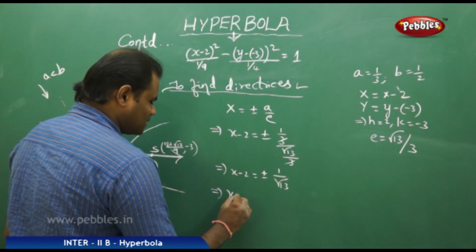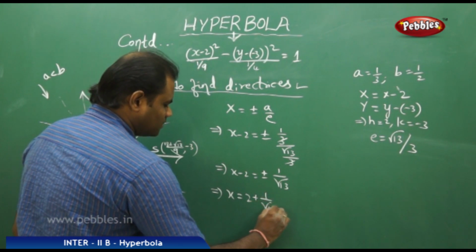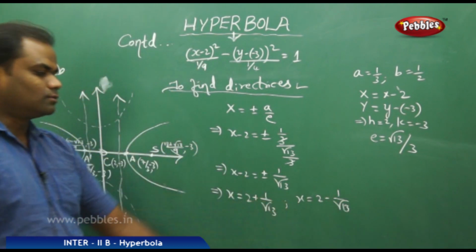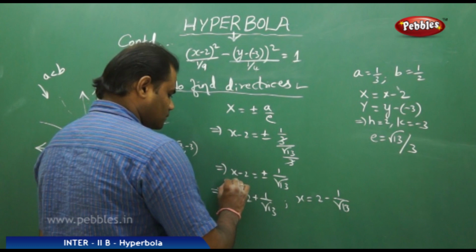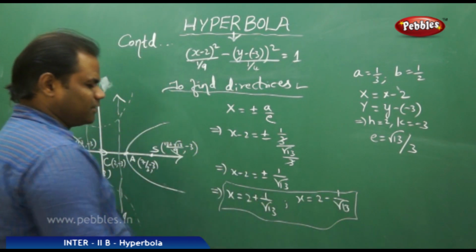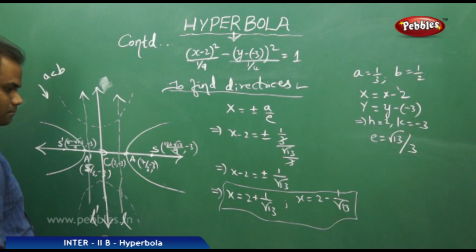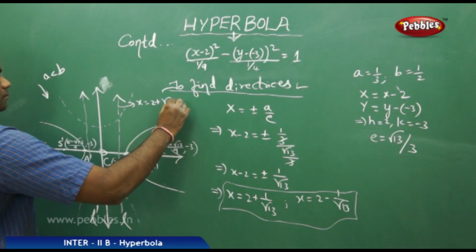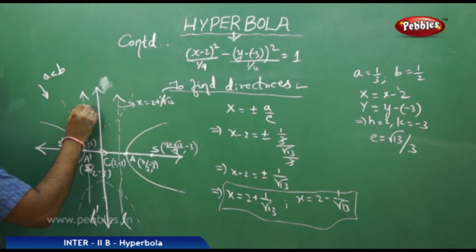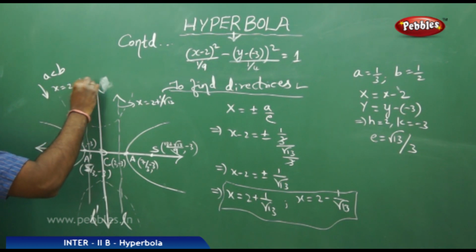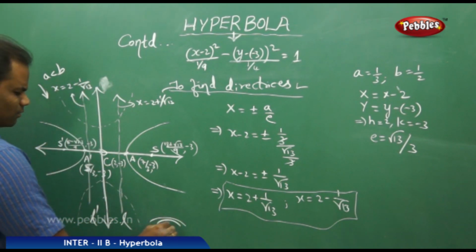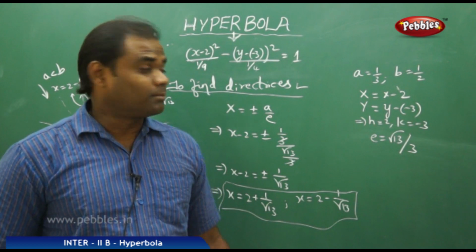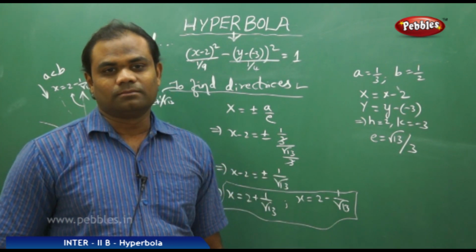That implies x is 2 plus 1 by root 13 and x is 2 minus 1 by root 13 are the equations of the directrices, as we see here. This is how we understand the equations of directrices for the hyperbola in transformed form.